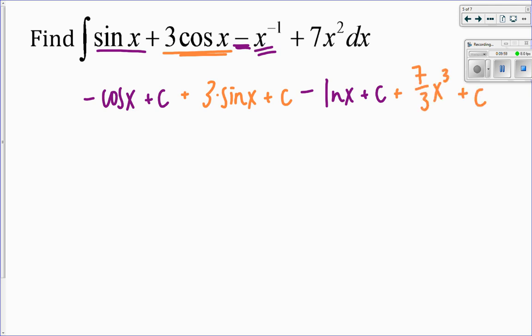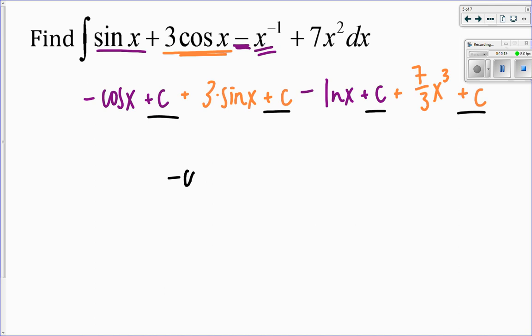And while this is a correct answer, notice we have a lot of plus c's. We're adding a lot of different constants. Technically, all of those are just a constant, a number. So I can add them all together to get a new constant. We don't really need the plus c after each of those.